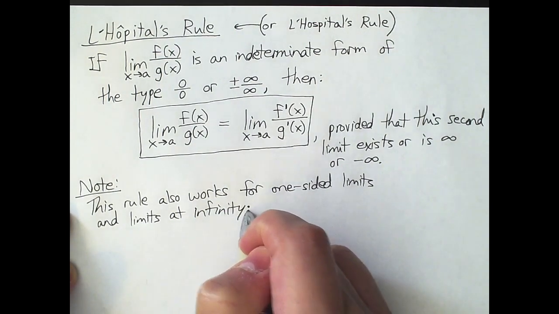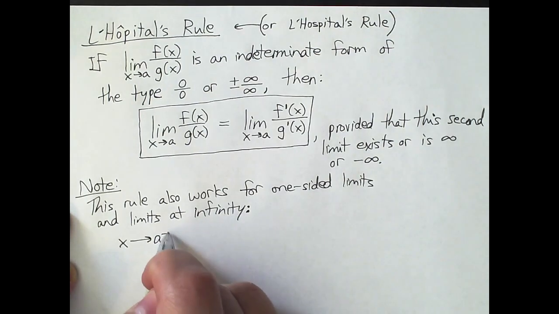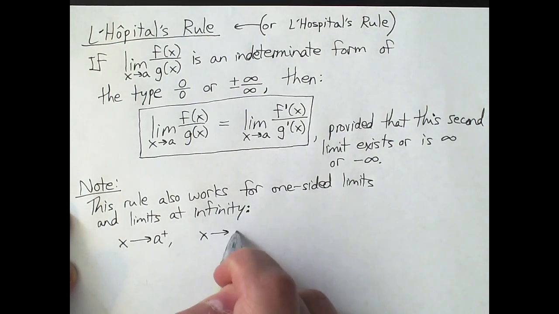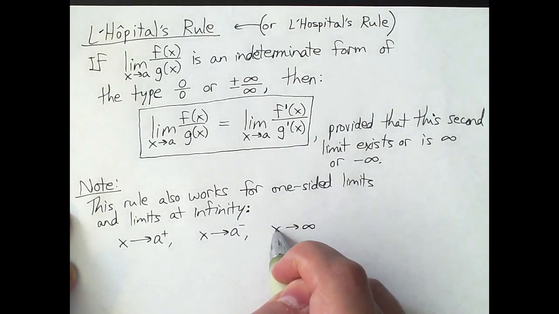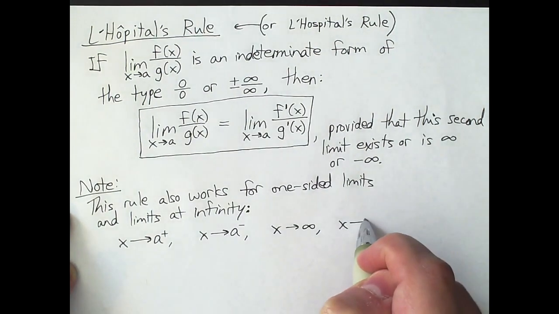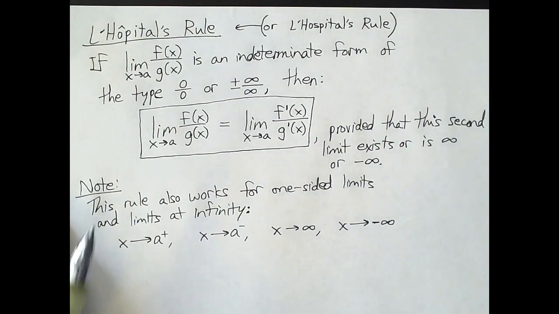And what I'm saying now is it also works if x is approaching a with a little plus sign, if x is approaching a with a little minus sign, if x is approaching infinity, and if x is approaching negative infinity. The same formula, just change x approaches a.